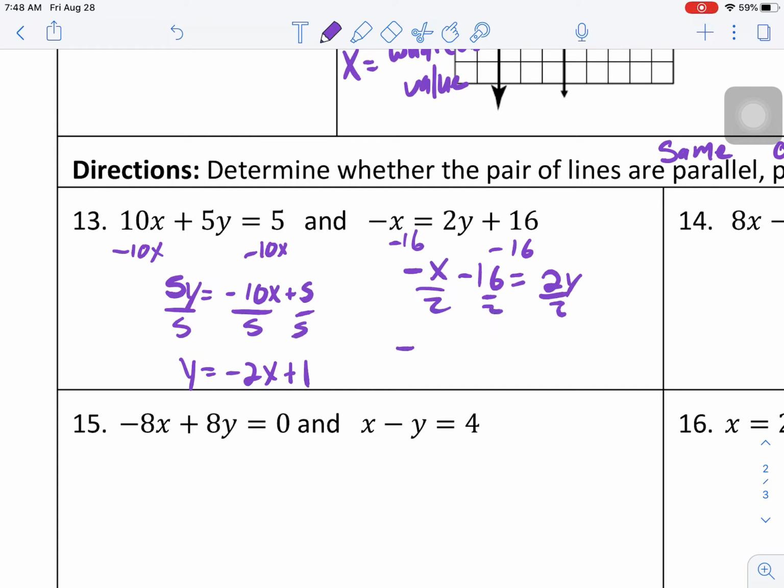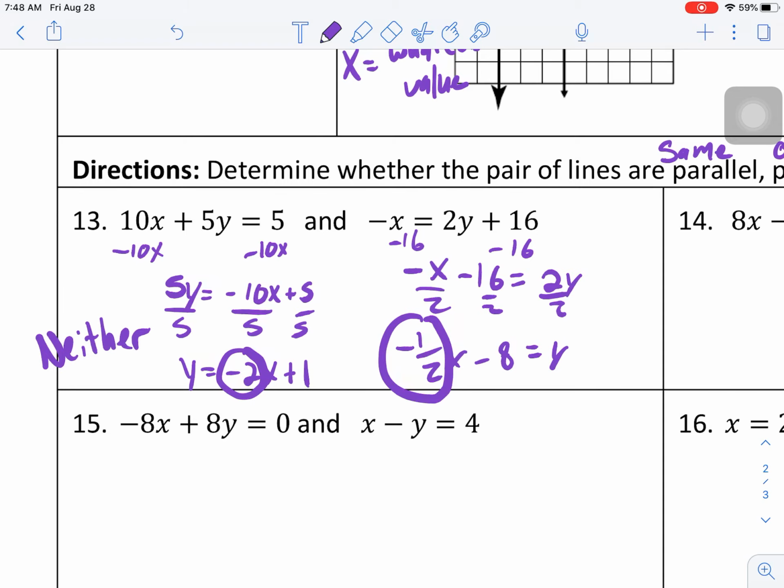Divide by 2, so that's negative 1/2 x minus 8 equals y. So we have negative 1/2, we have negative 2. Well, it's a reciprocal, but they're not opposite signs, they're the same signs, so this is neither.